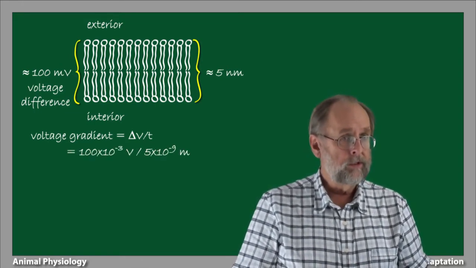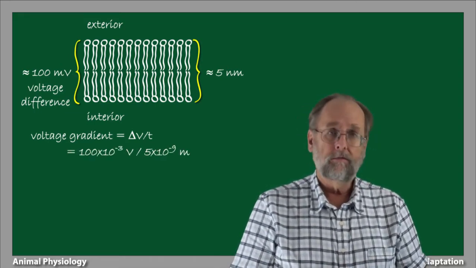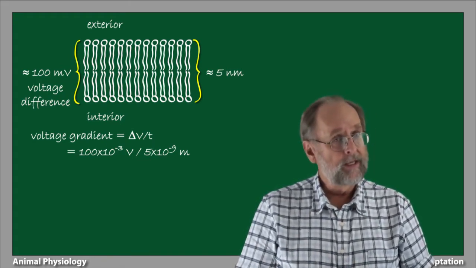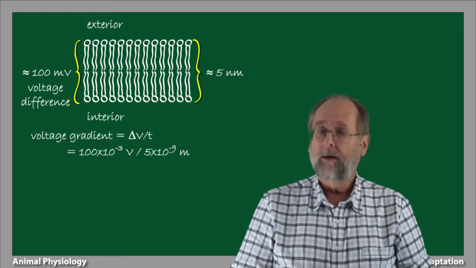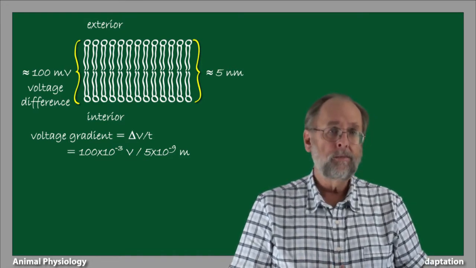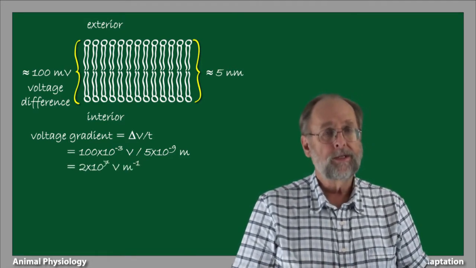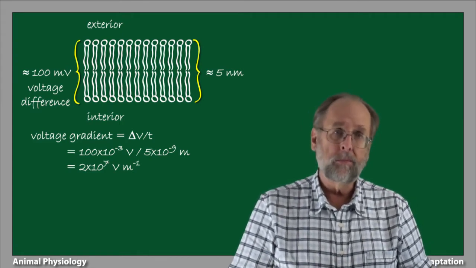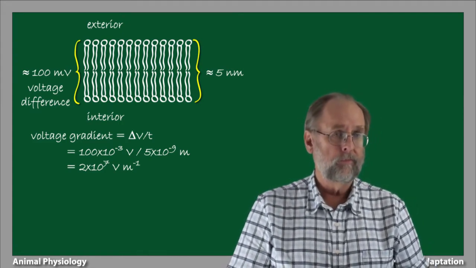It is 100 times 10 to the minus third volts divided by 5 times 10 to the minus ninth meters. When we resolve this ratio, it comes out to be about 2 times 10 to the 7th volts per meter, or about 20 million volts per meter.